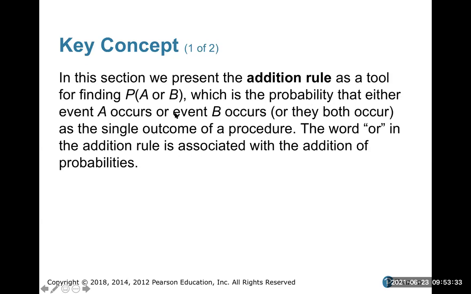It means either event A occurs or event B occurs, or both occur if that's possible. The word or makes it addition of probabilities. So or is associated with the addition rule.